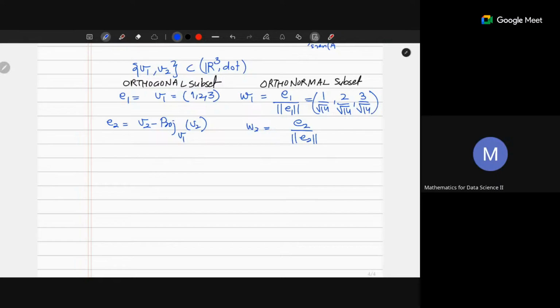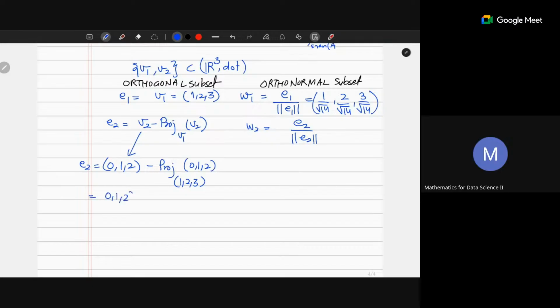Now what is E2? For E2, we need to first, so E2 is 0, 1, 2. That is my V2. Now what is the projection of V1 onto V2? So the projection of 1, 2, 3 onto V2.